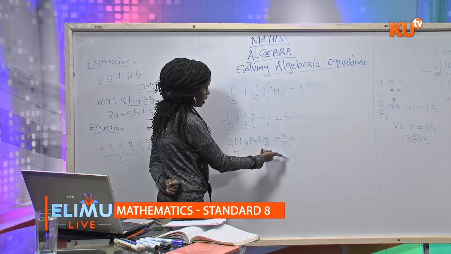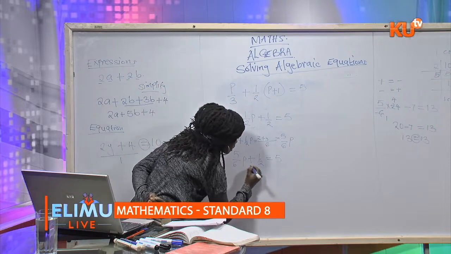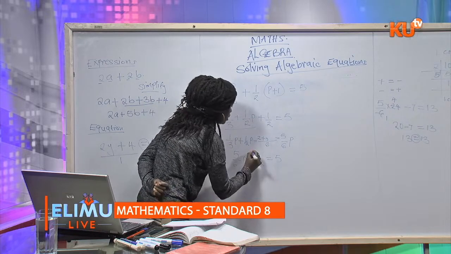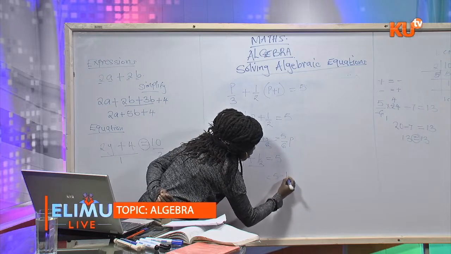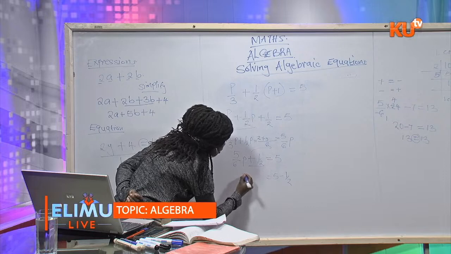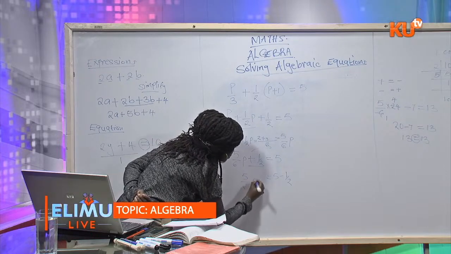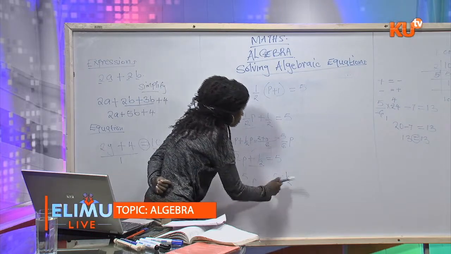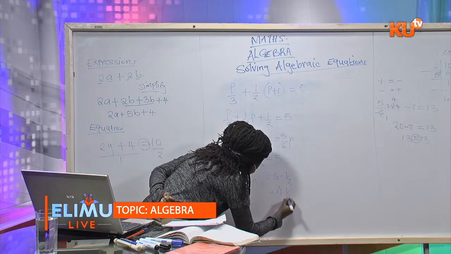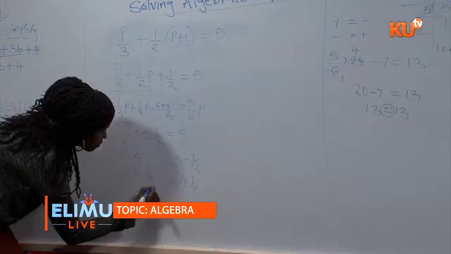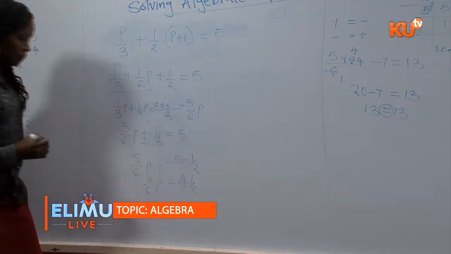I take it to the other side so that I can subtract it. This is plus a half. When it goes to the other side, it is going to be 5 minus a half. And this side I remain with 5 over 6p. So 5 minus a half, I'm going to get 4 and a half, equal to 5 over 6p.